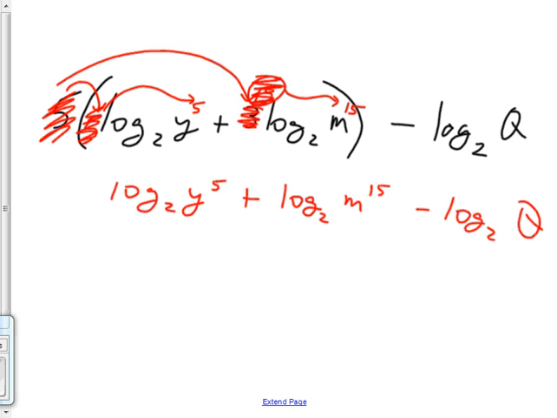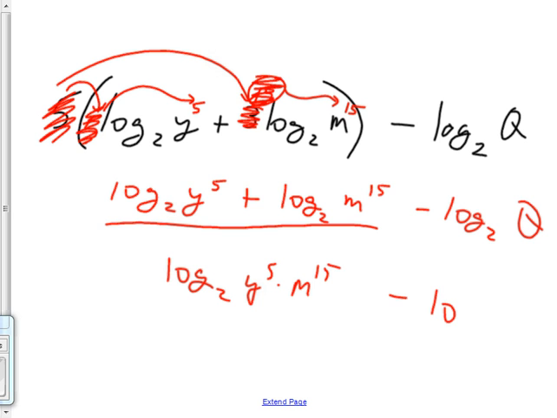All right, so I did a little bit of condensing there. I basically just fixed the exponents. Now I'm going to put this plus part together. That's going to become log base 2 of y to the 5th times m to the 15th. Now I still have this minus log base 2 of q to deal with.